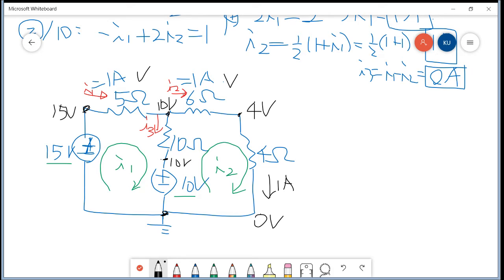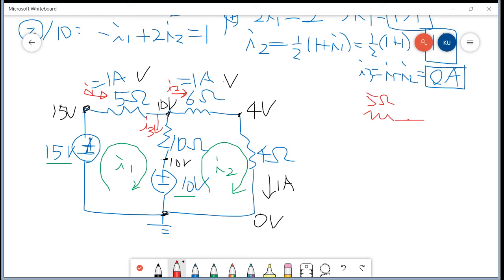And how about if we use the node analysis to do this question? The answer is yes. Maybe we can quickly do this by the node analysis.